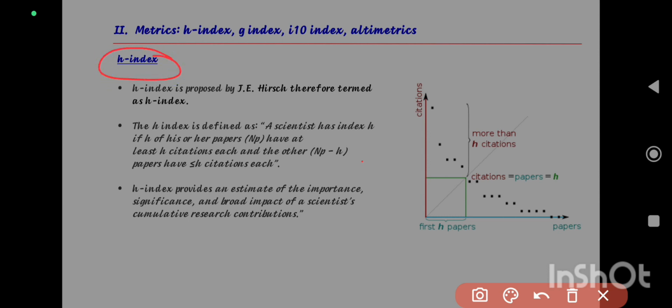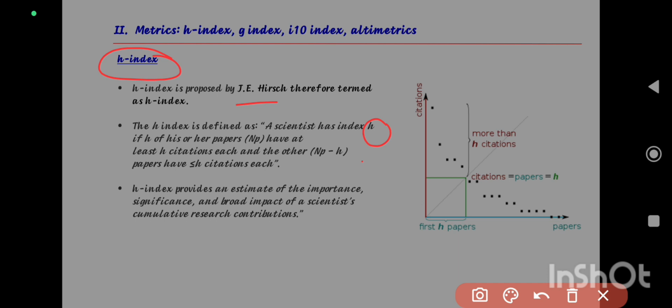H index is proposed by the scientist named J.E. Hirsch, and he termed it H index after his name, and it is defined as: a scientist has index H if H of his or her papers have at least H citations, meaning H number of papers having H citations.